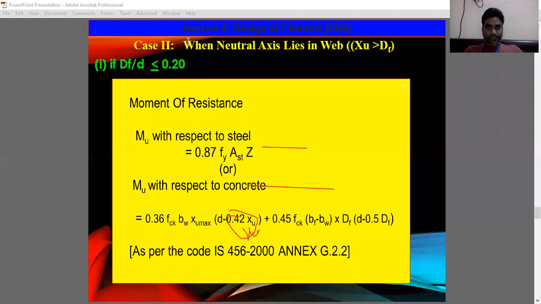Then the moment of resistance Mu with respect to steel is 0.87 fy Ast into z, and with respect to concrete is 0.36 fck bw xu into (d minus 0.42 xu).